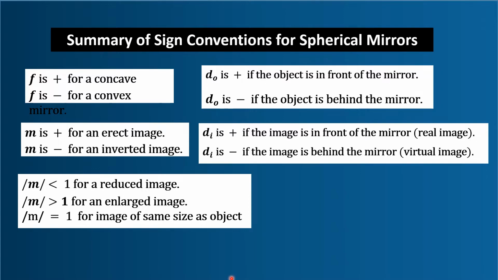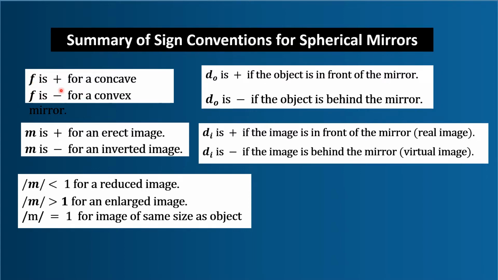There are sign conventions specifically for a concave mirror or a convex mirror. So it has been agreed that if the mirror is a concave mirror, then we will assign a positive focal length, while if the mirror is convex, we will be assigning a negative focal length.